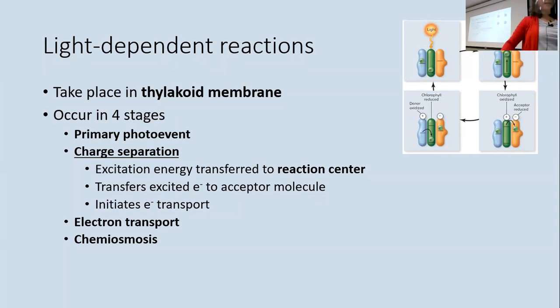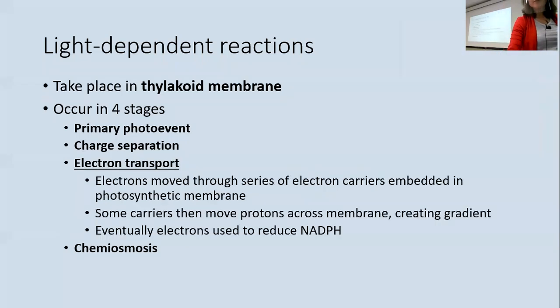And that initiates the electron transport chain, which we'll see in a second looks very much like the electron transport chain in respiration, right? It's in the membrane. It's a series of little proteins and carriers, right? Doing a bunch of these little redox reactions, moving the electron down the electron transport chain.